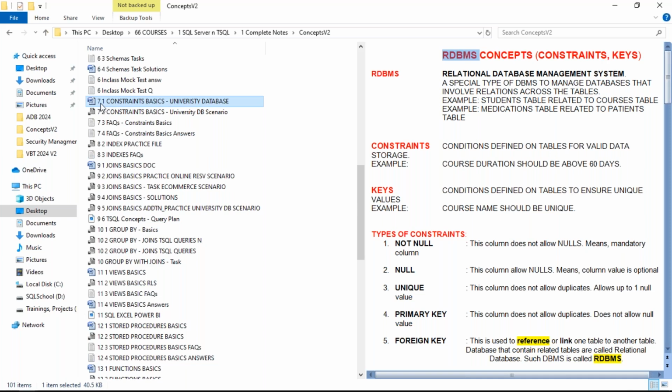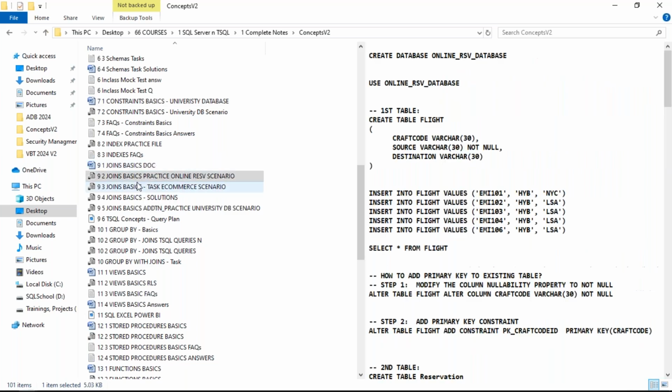There are a total of 25 items. In this SQL and MS SQL foundation course, there are 25 items we need to learn slowly. We have constraints, indexes, joins with various scenarios like online reservation scenario, e-commerce scenarios, etc.